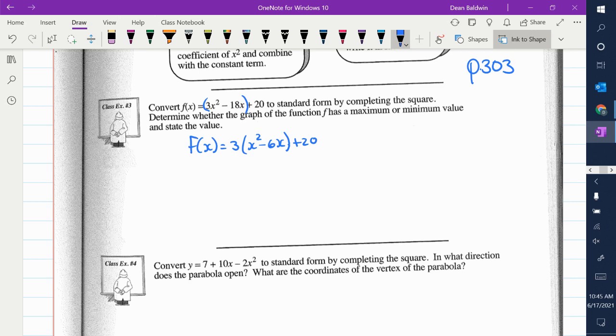Do not bracket the 20, leave it alone. You're just factoring out from the first 2. Okay? Now it's the same. So what's half of 6? 3. What's 3 squared? So you add and subtract it inside the brackets.